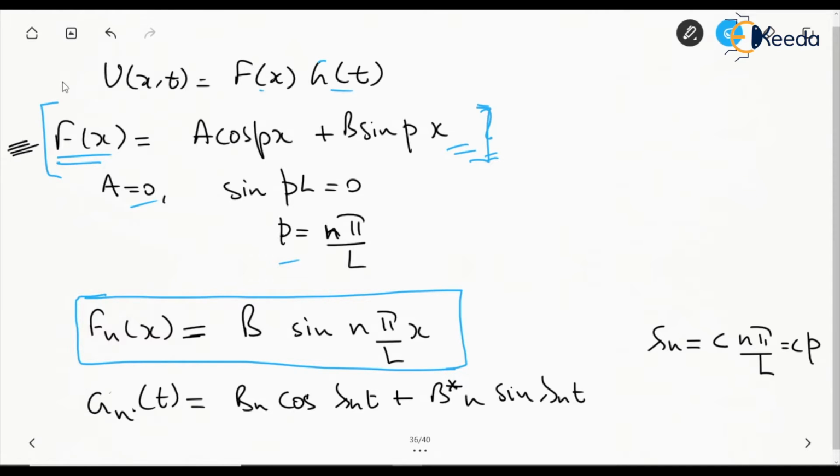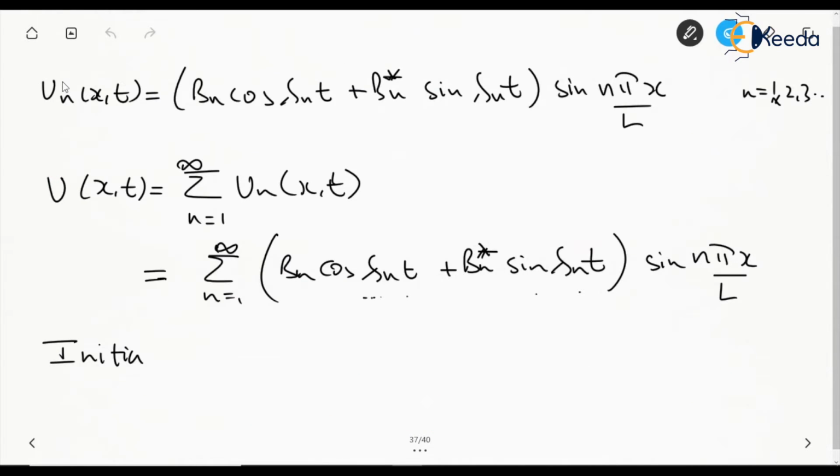From this we get this in order to satisfy the boundary conditions. Also the G_n is given by this function. Why? Because k is negative, and for k negative we have seen the standard form of f of x and standard form of g of x. So this lambda_n is going to be c times p, or c times n pi by L. So of course you have to remember this.